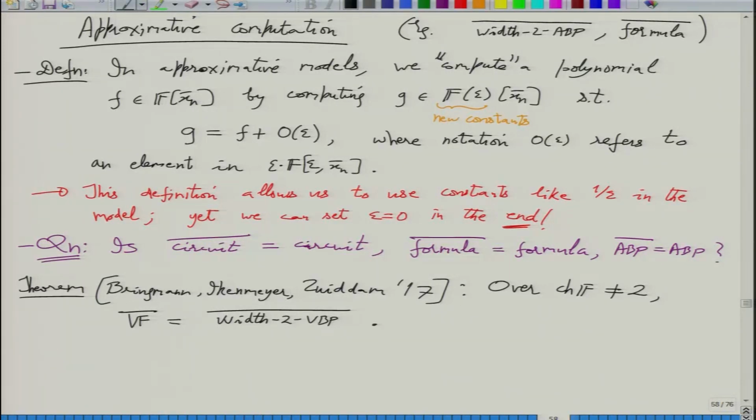How will you even start to prove such a thing? So you have to convert formula to, well, by induction ultimately it will boil down to converting a product gate into 2 by 2 matrix multiplication, right? So that seems to be the only thing we have to express using approximation.